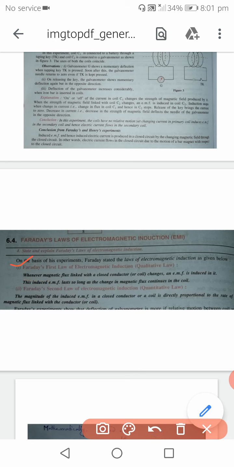This induced EMF lasts as long as the change of magnetic flux continues. That's what I already told you: when there is a change in flux linked with the coil, we get an induced EMF or induced current, because wherever there is EMF, there will be current. This is the first one.